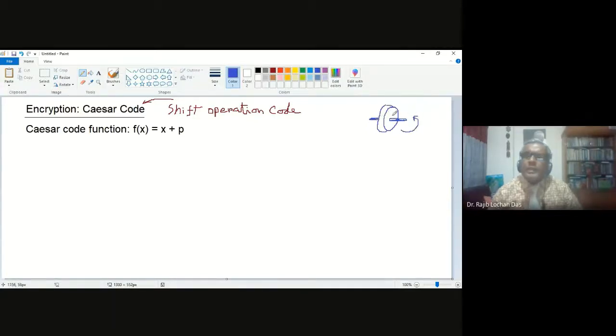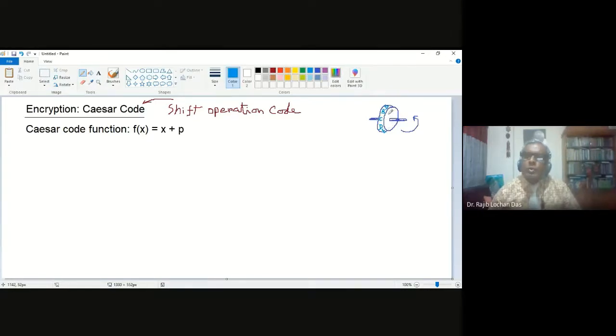On the drum the letters are written, like A, then B, then C, then D, then E, then F, like that. All the letters are written here.